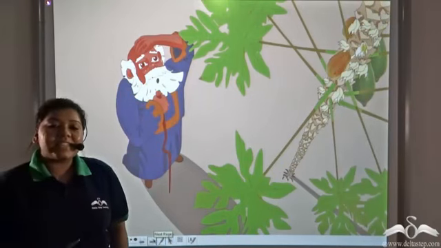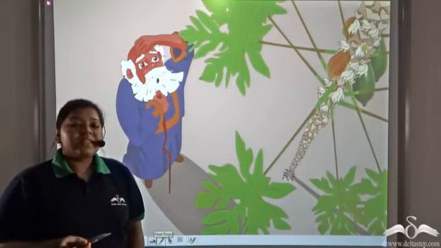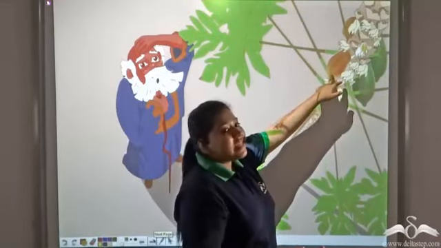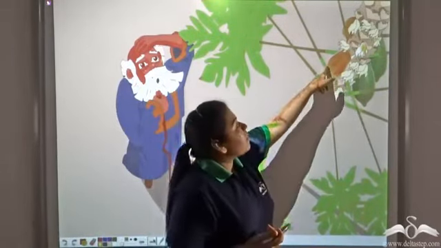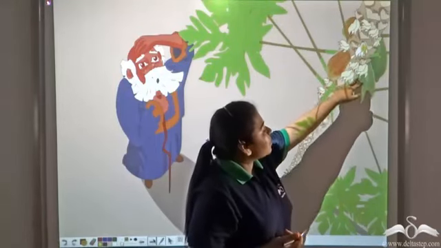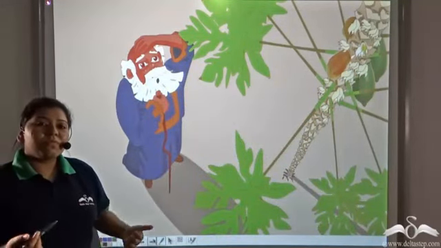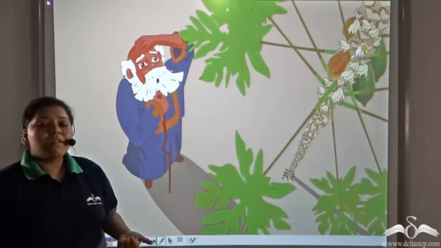But he was highly disappointed to see that most of the flowers did not convert to form papaya fruits. See, most of the flowers here did not convert into papaya fruit. So, what was amiss? What happened?